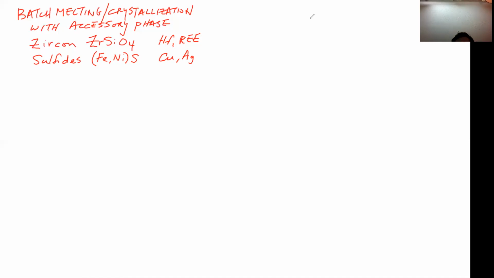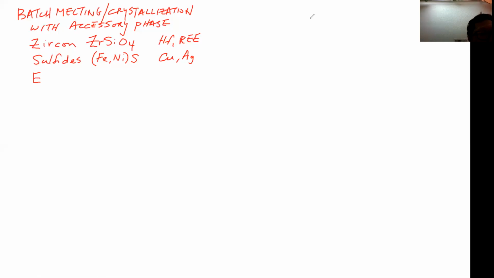So let's talk about how we're going to model the evolution of two elements. One is the essential structural element, and I'm going to call that E. Its concentration, I usually use C, but I'm going to use E to describe the concentration of zirconium or sulfur in the accessory phase, the essential structural element in the phase. And when we look at how these elements behave, we always have to consider mass balance.